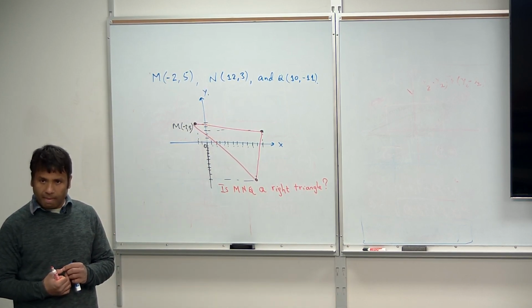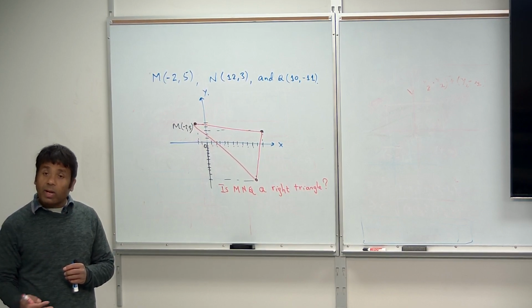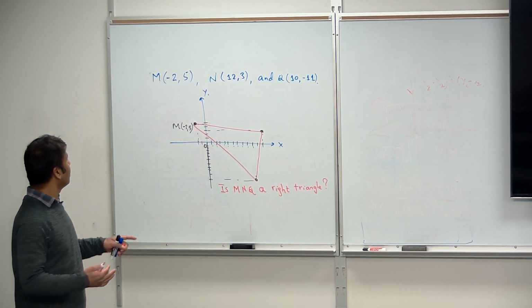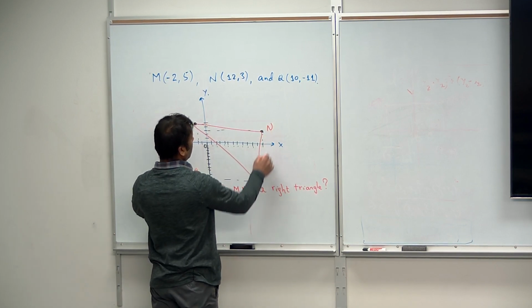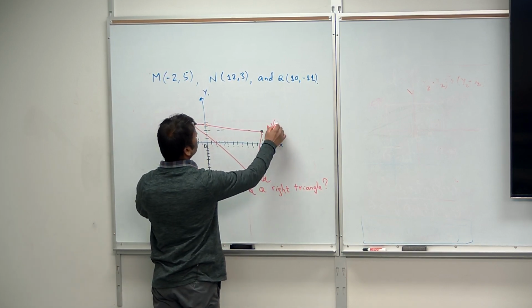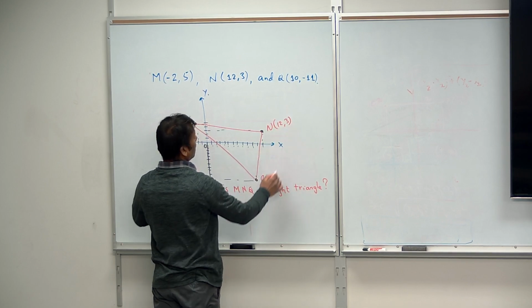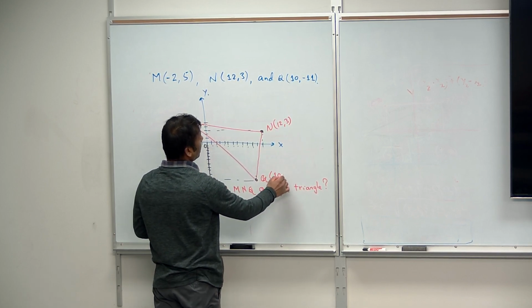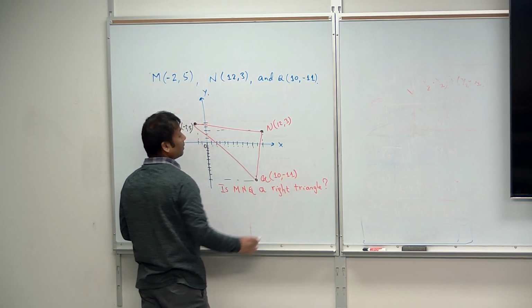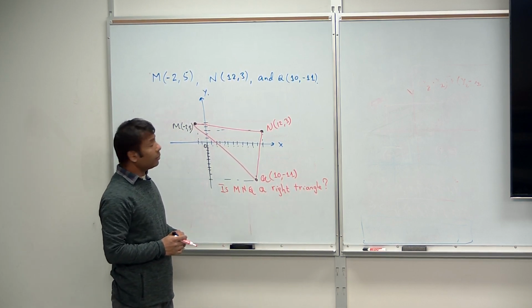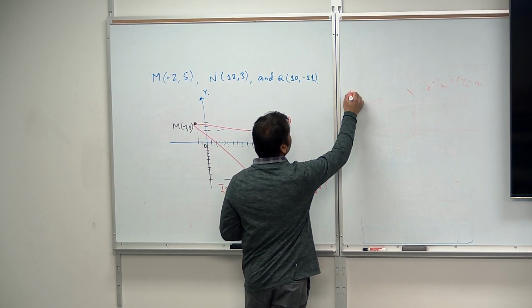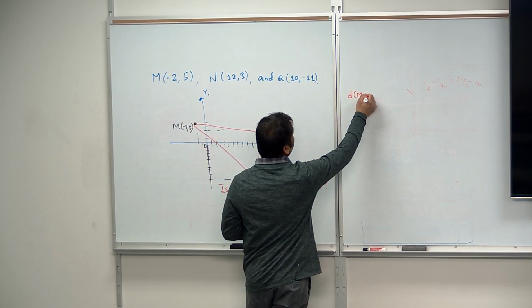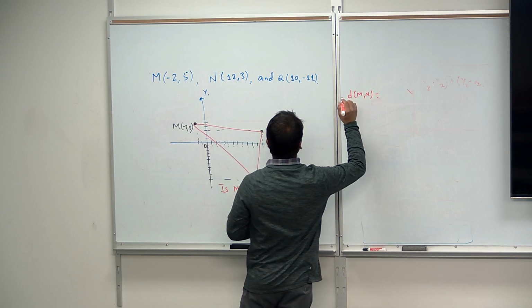Okay? So now you find the distance between M and N and Q. N is 12 comma 3 and Q is 10 comma negative 11. You find the distance between M and N. If you want to find the distance between M and N, you remember the distance formula, right?